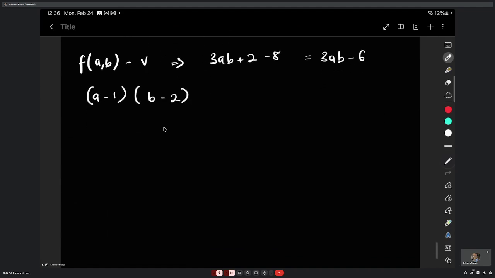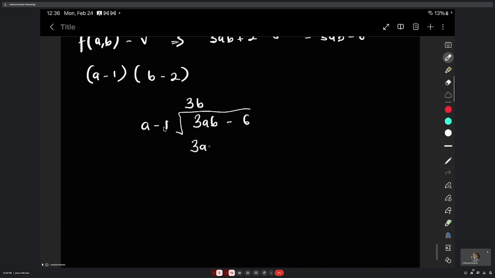So if we divide this, 3ab minus 6, by a minus 1, it's going to work. So this is 3b times a minus 1, which gives us 3ab minus 3b.